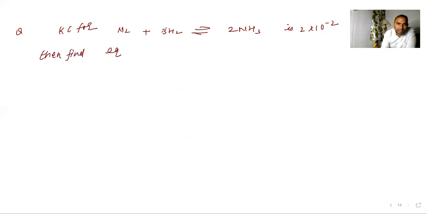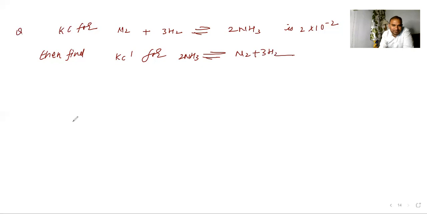Then find Kc dash for the reversed reaction, 2NH3 giving N2 plus 3H2.